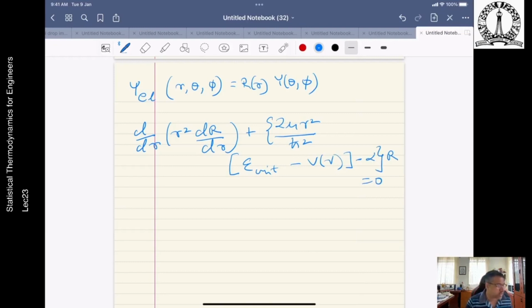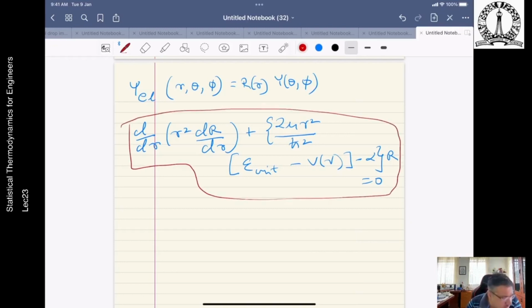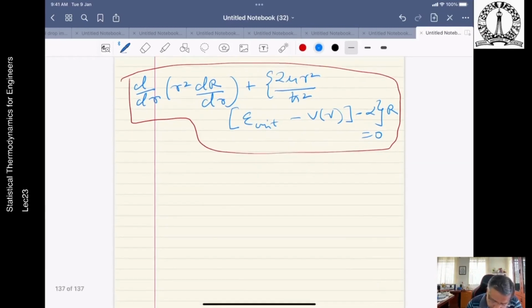So this was the R equation. This equation now can be reduced in a similar form. We can replicate the similar form.